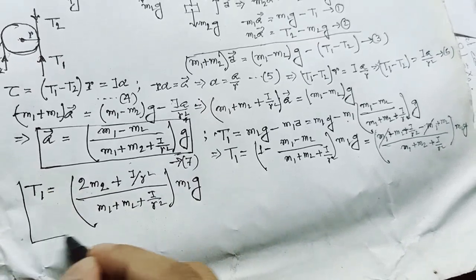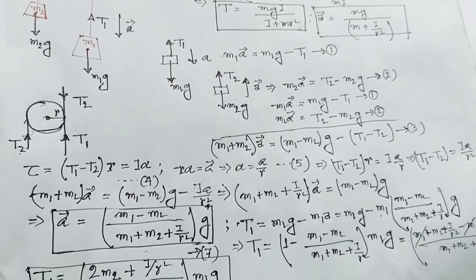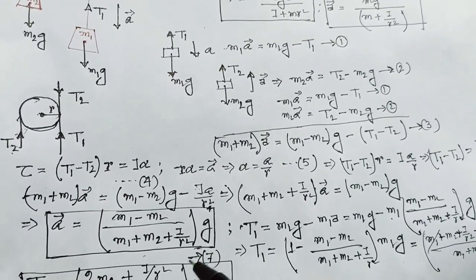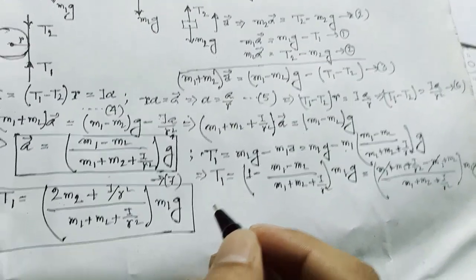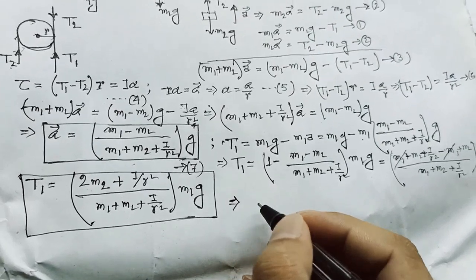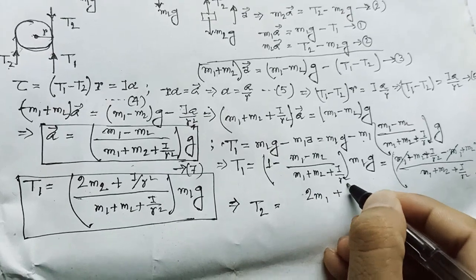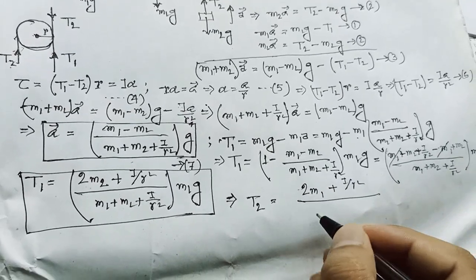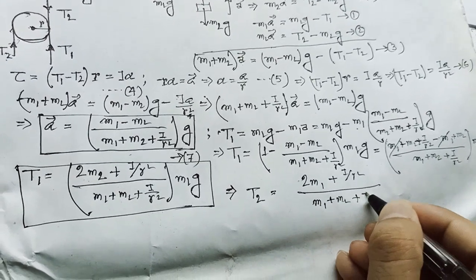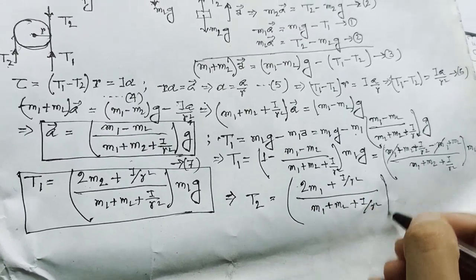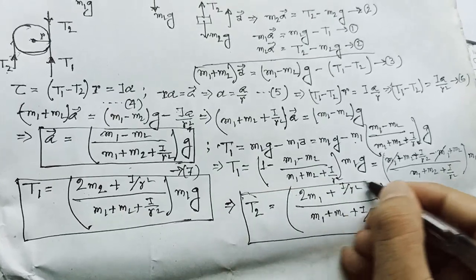So this is our value of tension T1. Now if we substitute the value of acceleration into equation number 2, in the similar way we can find the tension T2. That will be 2m1 plus I divided by r square, whole divided by m1 plus m2 plus I divided by r square, times m2g. So this is the value of the tension T2 of the string.